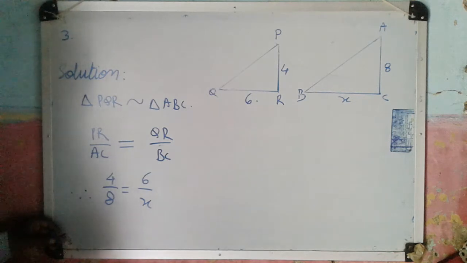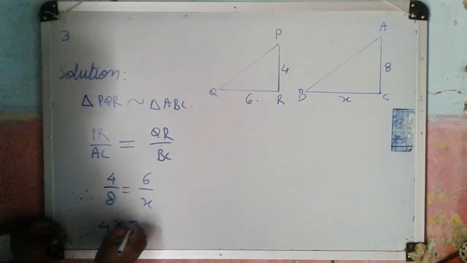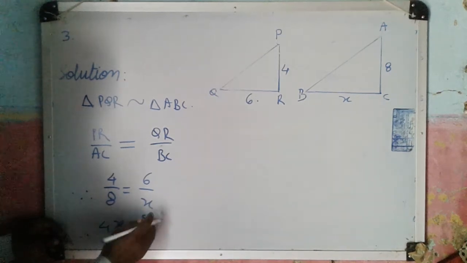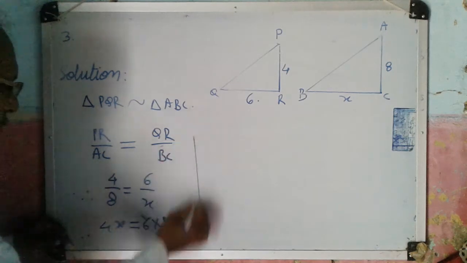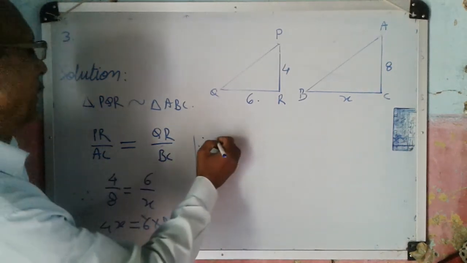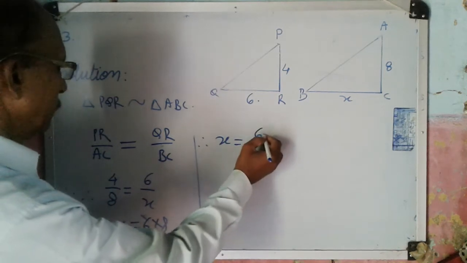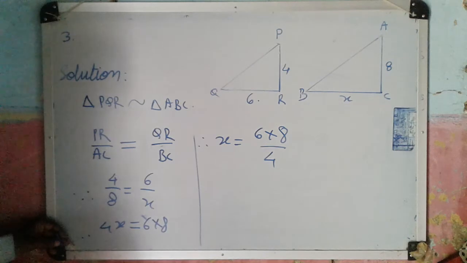By cross multiplication, find the value of x. We get 4 into x is equal to 6 into 8. Therefore x is equal to 6 into 8 upon 4.